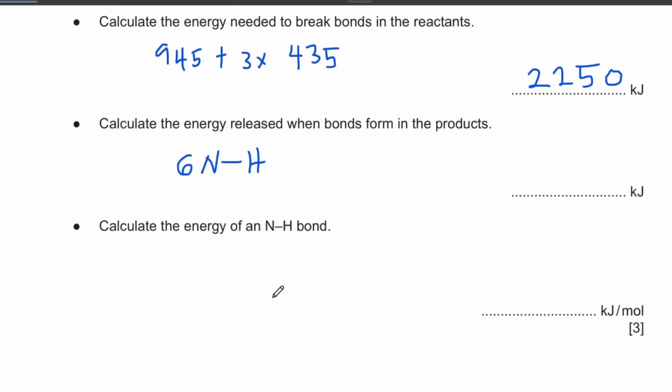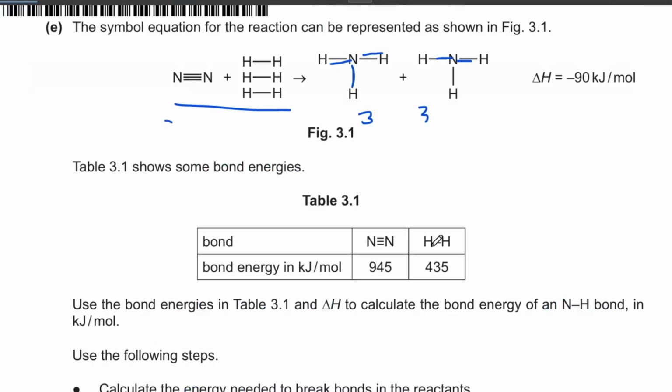Next is to calculate the energy of the nitrogen-hydrogen bond. How do we do that? Remember the formula for calculating the enthalpy change: energy in minus energy out. That is, energy needed to break the bonds minus energy released when the bonds are formed. In this case, it's going to be 2250 plus 6NH, equal to the enthalpy change here, which is minus 90.